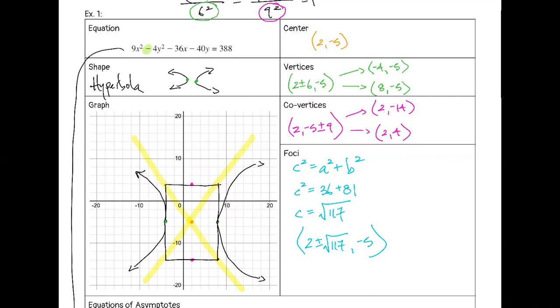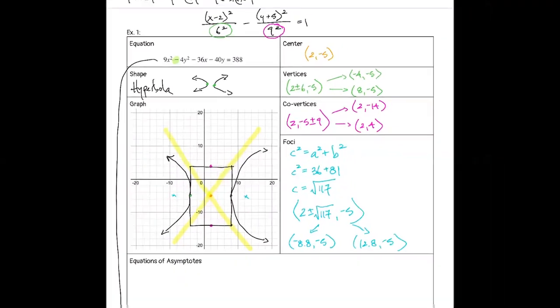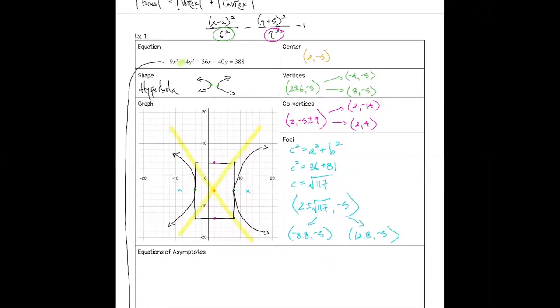So that gives me 2 minus 10.8, which is -8.8, comma, -5. And 2 plus 10.8 is going to give me 12.8, comma, -5. So let's see, 12.8 would be somewhere around here, and -8.8 is somewhere around here. And so that's where our foci are for this hyperbola. Okay.